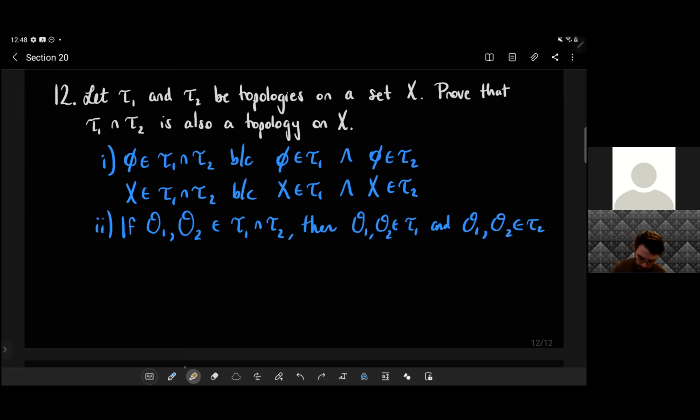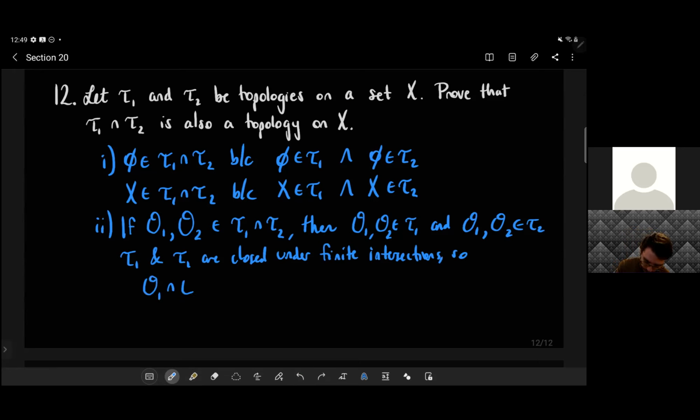But tau1 and tau2 are closed under finite intersection, right? They're topologies, so you can take intersections in them and you still stay in the topology. So in particular, O1 intersect O2, those were in tau1, so their intersection has to be in tau1.